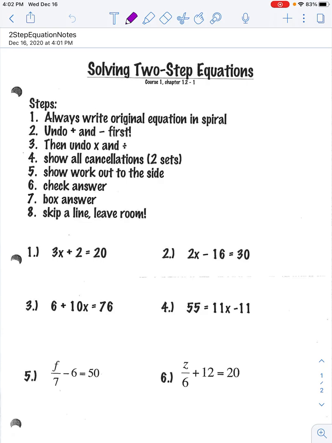Today, for those of you who may not be in class, we are going to start solving two-step equations, okay? Pay close attention to the rules before we start.